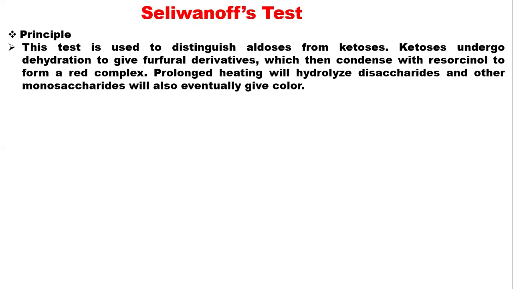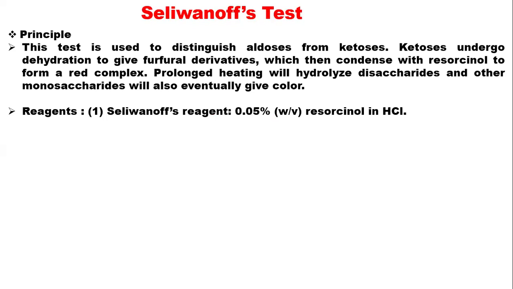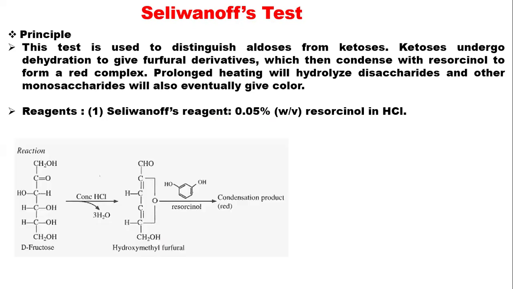It is the furfural derivative that is then condensed with resorcinol to form a red complex. Here, the dehydrating agent is concentrated hydrochloric acid. You should note that this test is not entirely specific, as prolonged heating of disaccharides and other monosaccharides will eventually produce color.